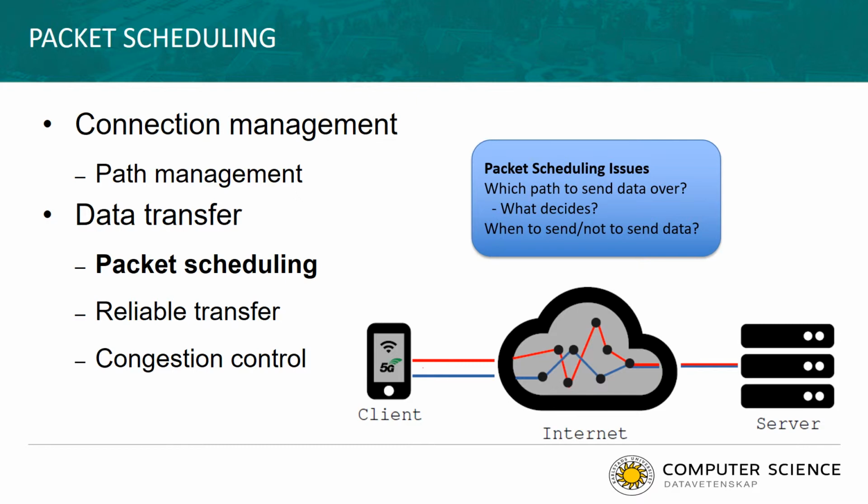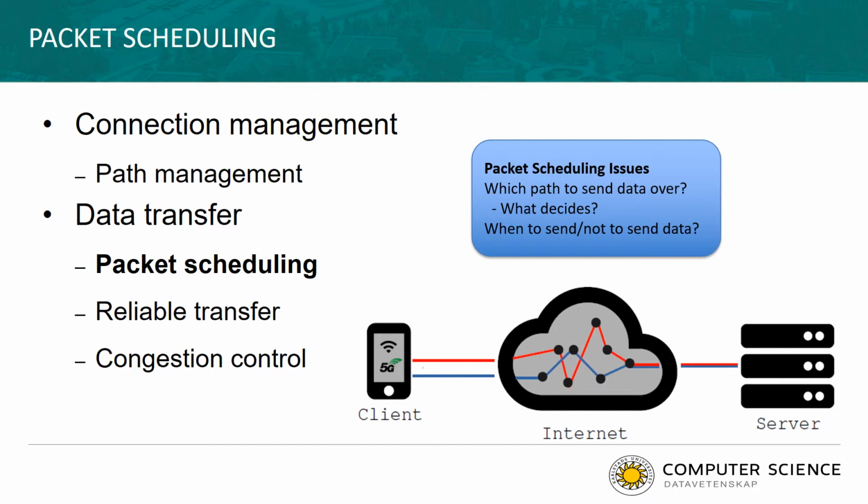There are typically many different schedulers available that have different goals for what they try to achieve. Do we try to optimize the throughput? Do we try to optimize the latency? Or do we try to achieve a more reliable communication, for instance? Depending on these goals, we may choose different scheduling mechanisms.